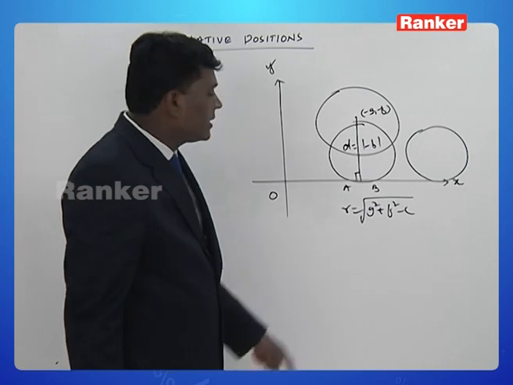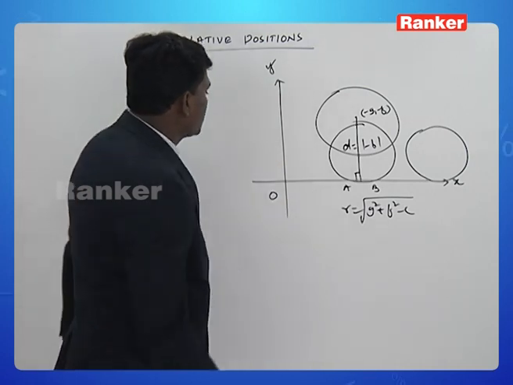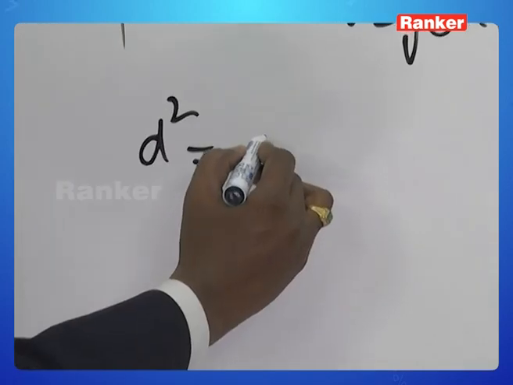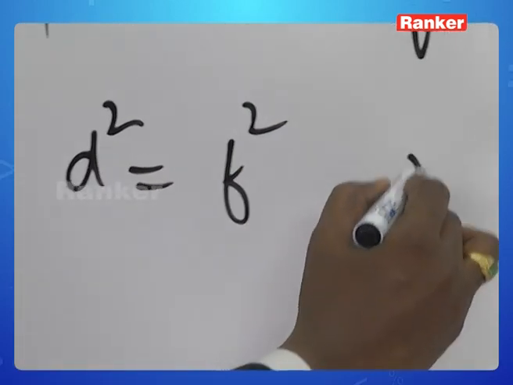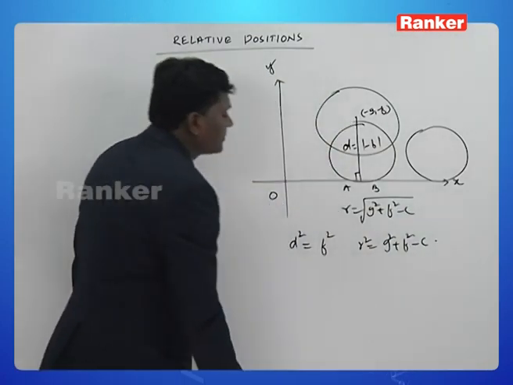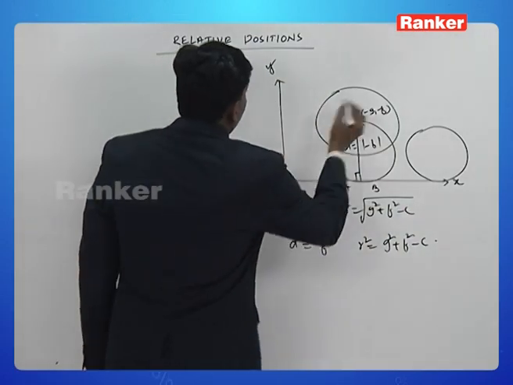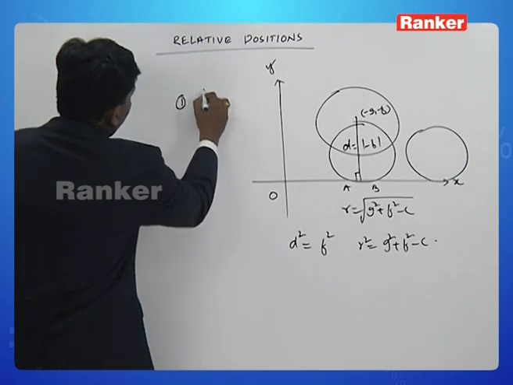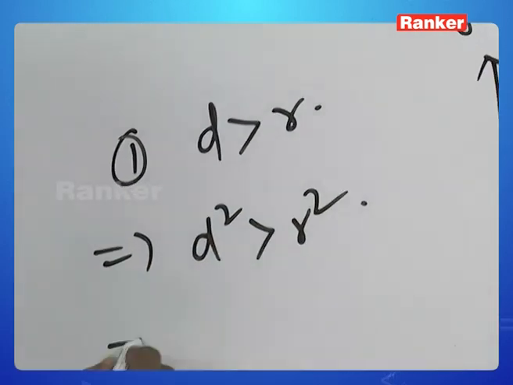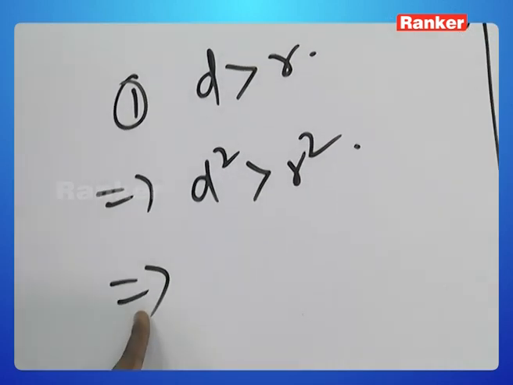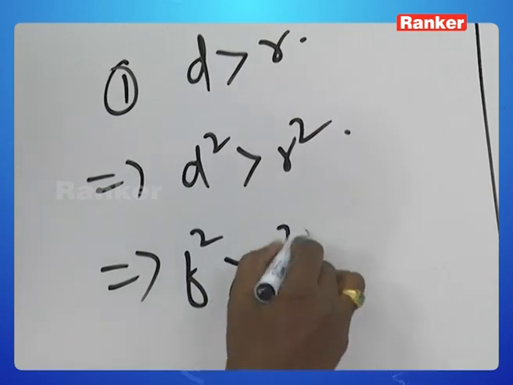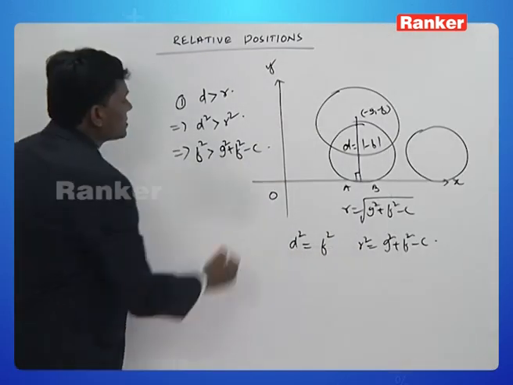If you are comparing these distances, here d square equals f square and r square equals g square plus f square minus c. Here, if d is greater than r, d square greater than r square, in this case f square greater than g square plus f square minus c.